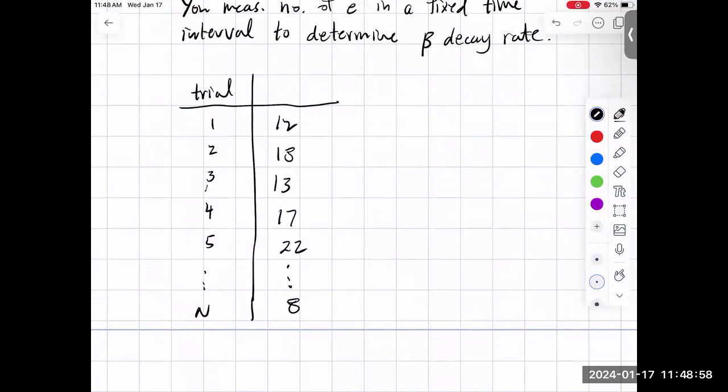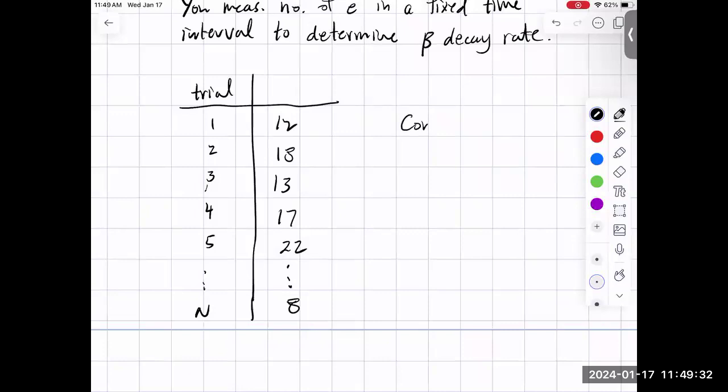All right, what we could do with this data is plot a distribution. We make our distribution through a histogram. I'm going to bin my data. Every time I got 12 or 13 counts, that's going to be in one bin, and I'll count how many times I got a 12 or a 13. In the next bin, I'll count how many times I got a 14 or a 15, and then how many times I got a 16 or a 17.